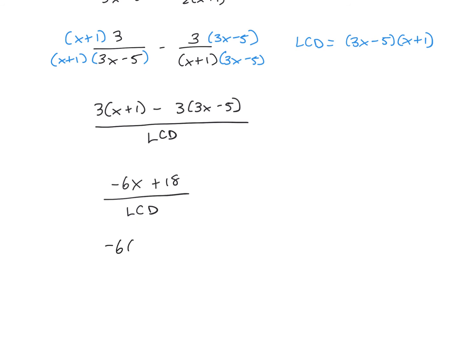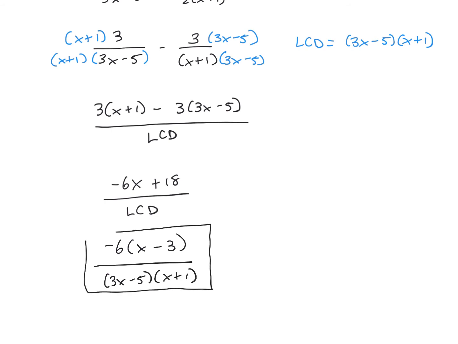So we'll factor out negative 6 times x plus 3, x minus 3 over our LCD, which is 3x minus 5 times x plus 1. There are no more common factors, so this is our simplified answer. And we can see from the denominator, again, that x cannot equal positive 5 over 3 or negative 1.